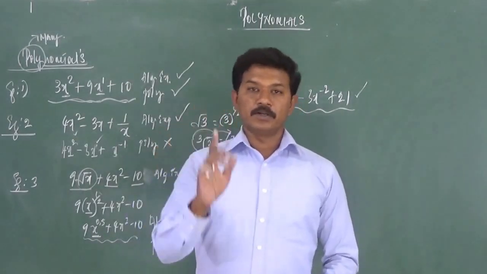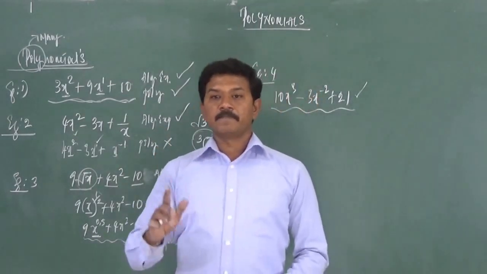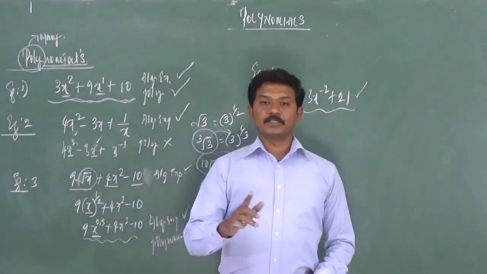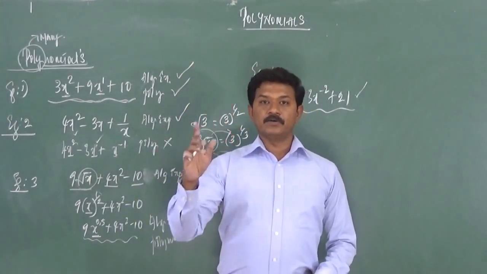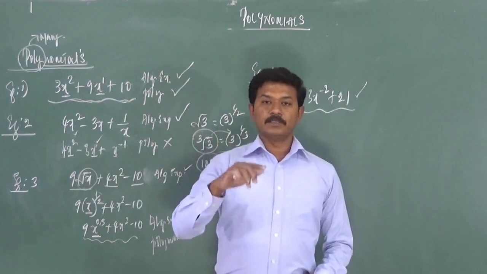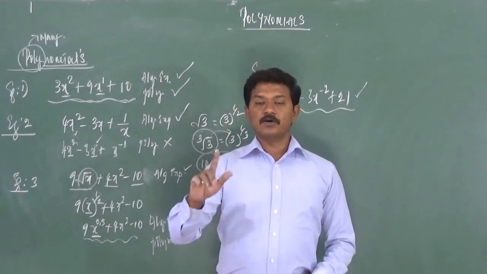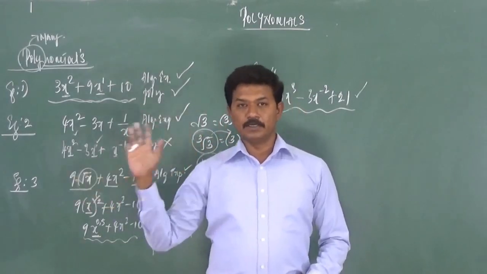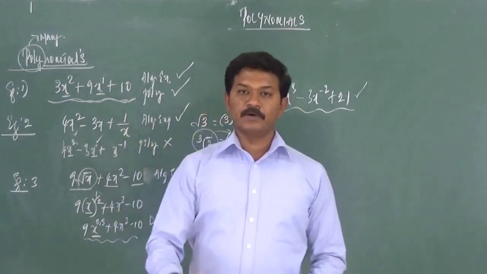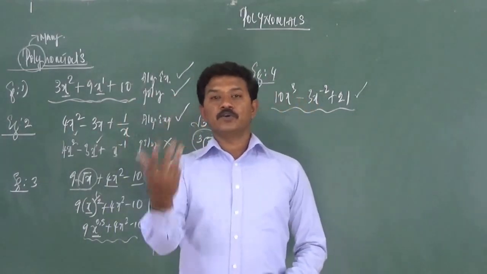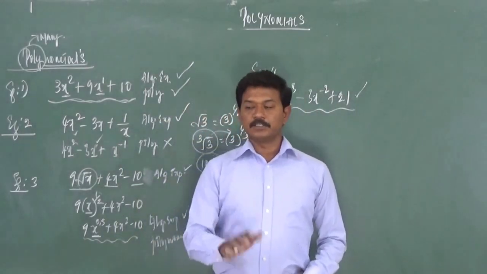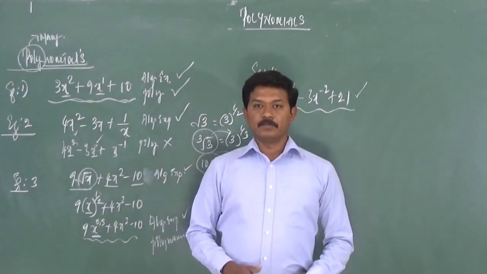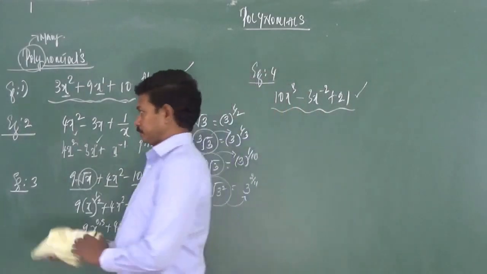Polynomials are the algebraic expressions in which the power of the variables involved are non-negative integral powers. In the sense they should always be whole numbers. So this is the type of polynomials.